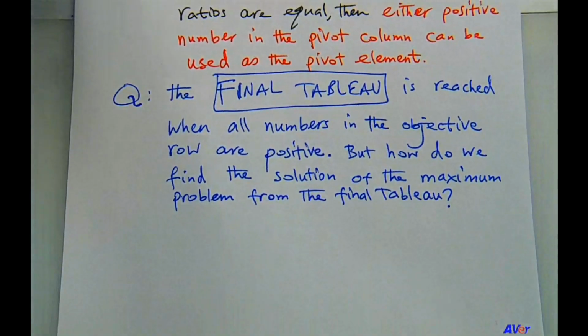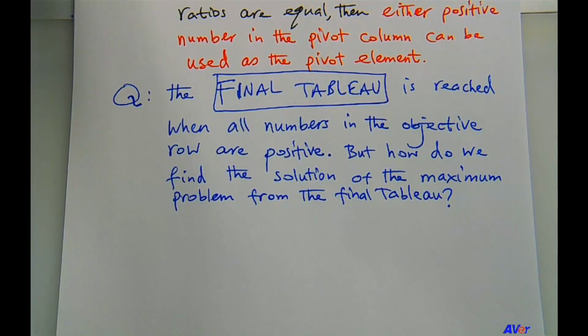How do we know as we go through this procedure, pivot row operations, that we are done? We are done when all the numbers in the objective row, which is at the very bottom of the tableau, are positive, all the negative numbers are gone. That's when we know we have reached the final tableau.